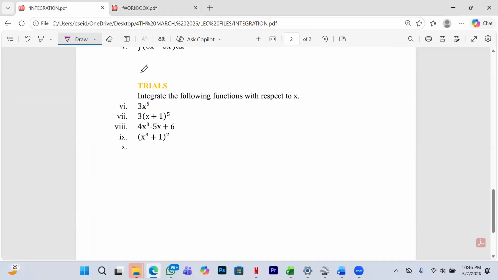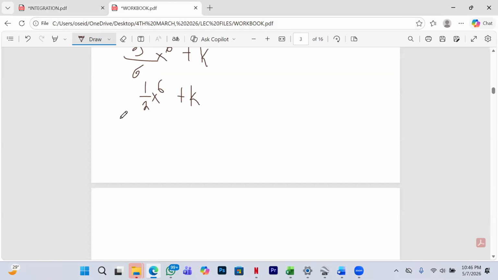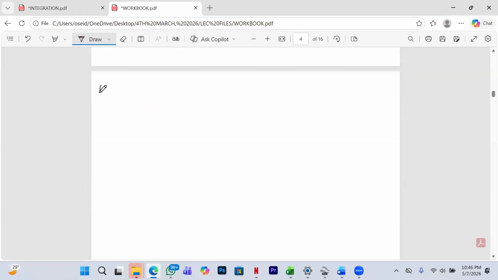Next one that we have is the integral of 3 bracket x plus 1 bracket close exponent 5.